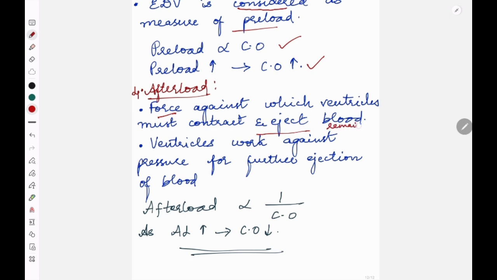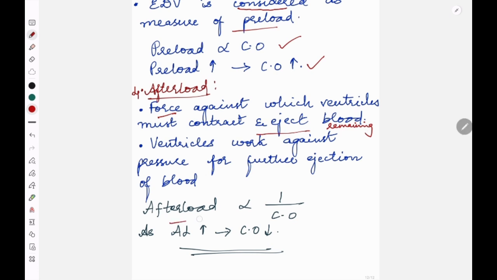The heart has pumped the cardiac output, but still there is some amount of blood left in the ventricles that has to be pumped again by the ventricles with extra force, so that there is complete emptying of the ventricle. That is what we call afterload.